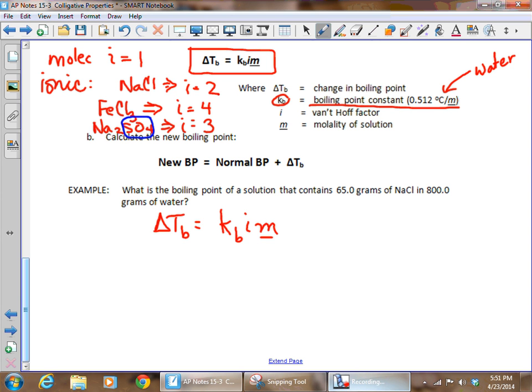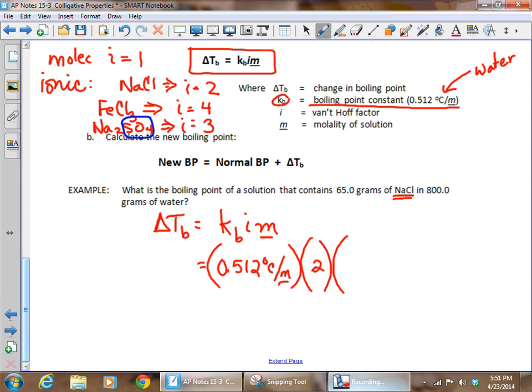In this particular case, Kb is 0.512 degrees Celsius per mole. The Van 't Hoff factor for NaCl we've already established is 2. And for molality, remember molality is mass over molar mass over kilograms of solvent.